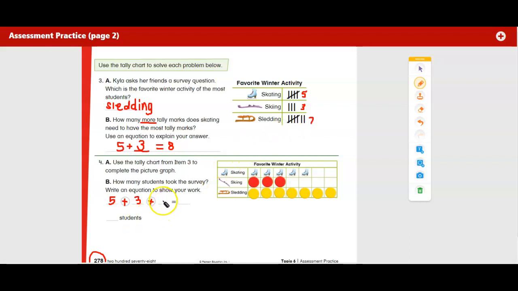And 7 students voted for sledding. Now I have to find my final answer. I'm going to solve this by adding 3 plus 7. 3 plus 7 is equal to 10, and 5 plus 10 is 15.